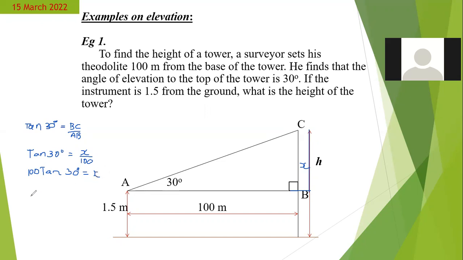We flip around the equation, put the X on the left, and do the calculation of 100 tan 30 on the right. So we will have 100 times the tan of 30, which is 0.577.